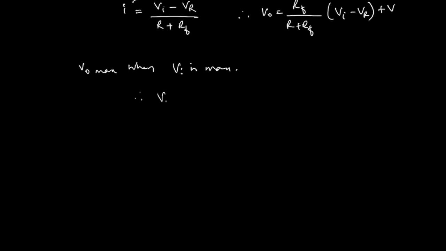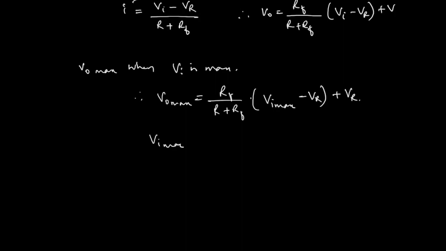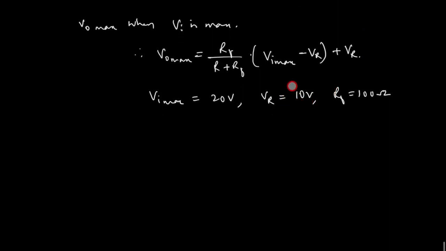So if you rewrite this equation, it is RF by R plus RF into Vi max minus VR, plus VR, because that is the only variable, everything else is constant. So Vi max is 20V actually, correct? And what are the other details you have? VR is 10 volts and RF equal to 100 ohms.